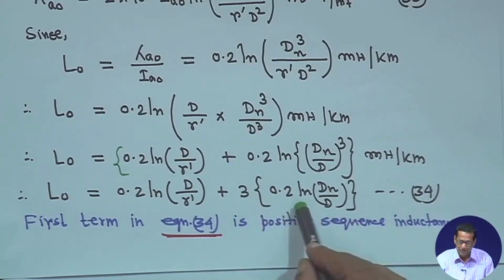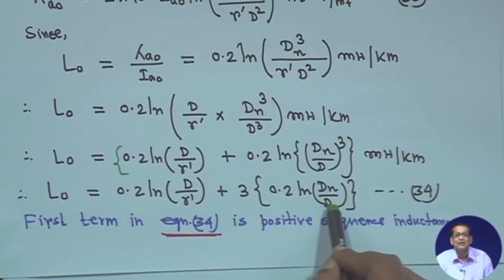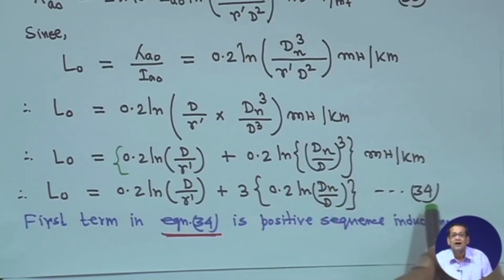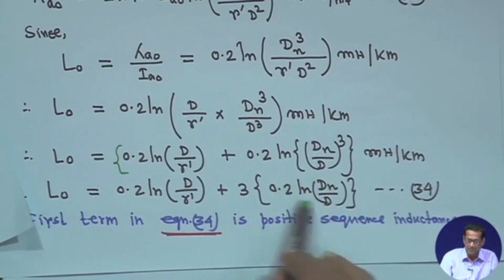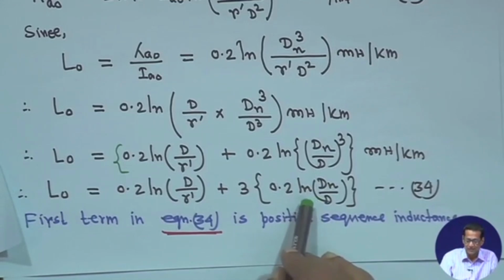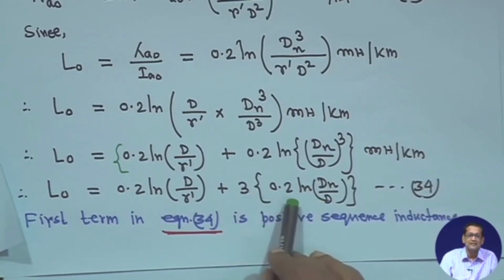So, it is 3 times multiplied. If this term is x_Ln, then it will be 3 x_Ln.